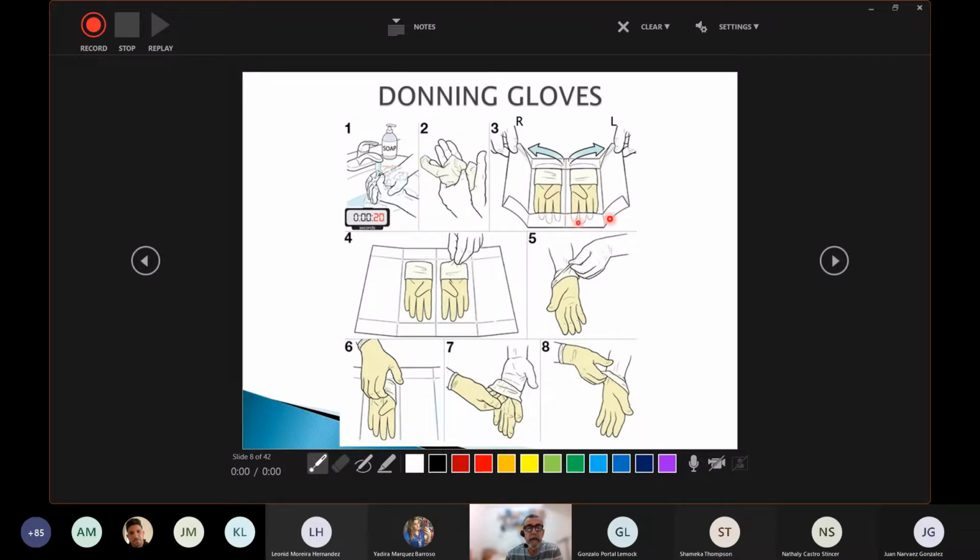And then when you have the sterile gloves, you'll see that the lower parts are folded, making like a pocket, yes? And then you need to know that the first glove that you are going to don is your dominant hand. Notice, try to put yourself in front of those gloves. So notice that the majority of us are right-handed, no?